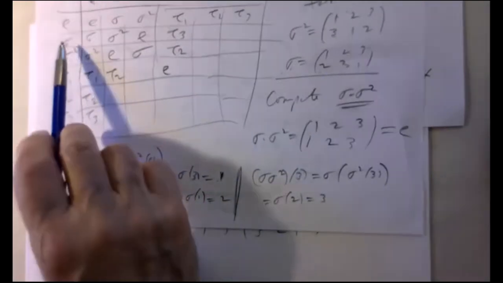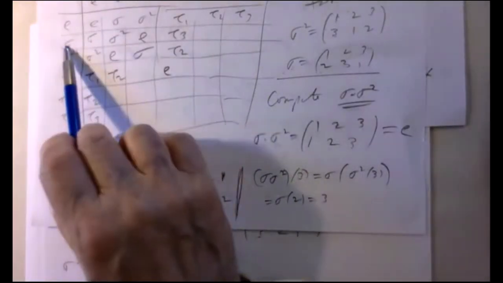And again, here you notice an instance of the following important fact. Sigma times tau 1 is equal to tau 3. Tau 1 times sigma is tau 2.